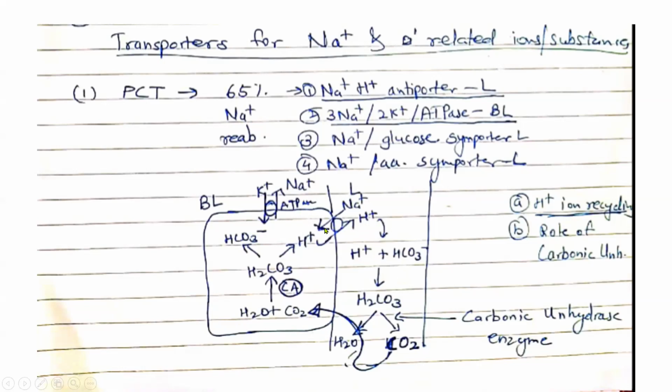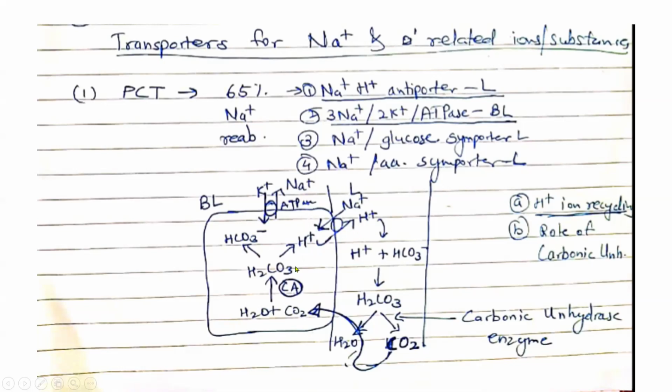Now what is happening? A lot of sodium is coming in, so more and more sodium in the cell. This sodium is expelled out with the help of 3Na plus 2K plus ATPase. So the moral of the story is, to take sodium in, you should give out H plus, out of the cell into the lumen.